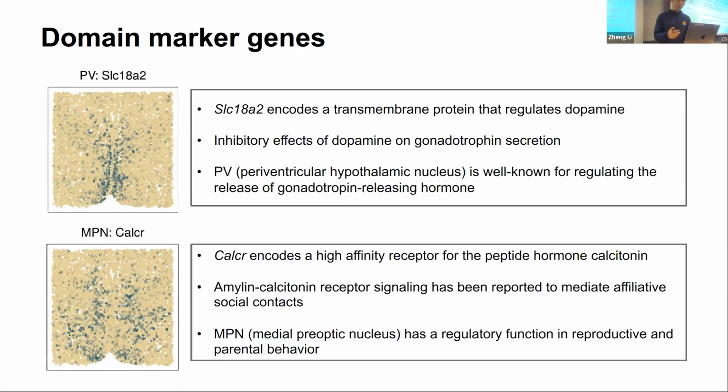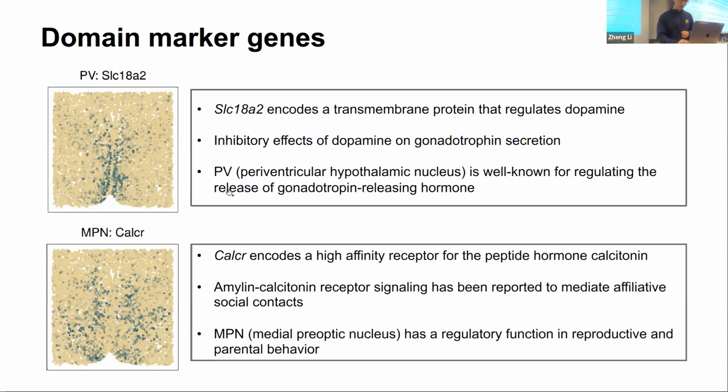And we know that dopamine has inhibitory effects on gonadotropin secretion. This gonadotropin is a type of hormone that triggers the expression of 2 other hormones, and those hormones further act on the testes and ovaries and can have functions in reproduction.